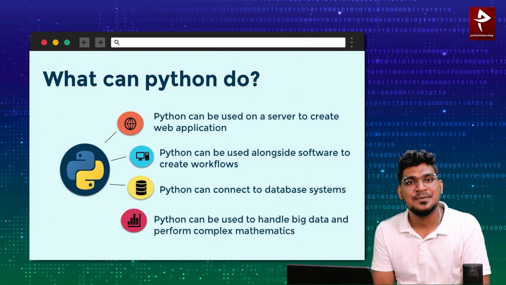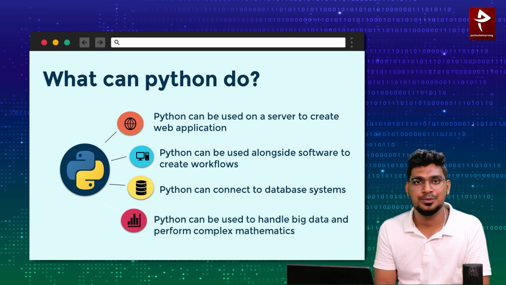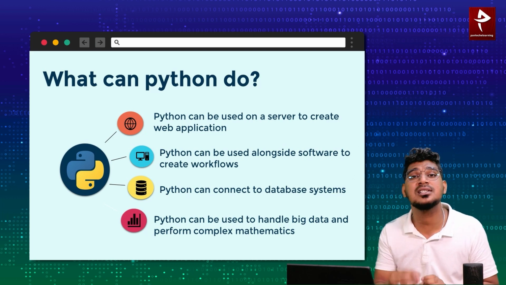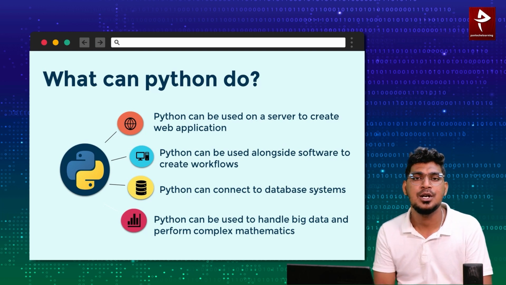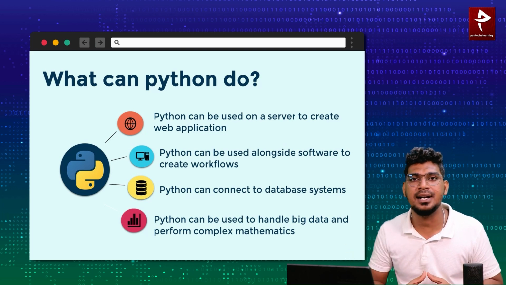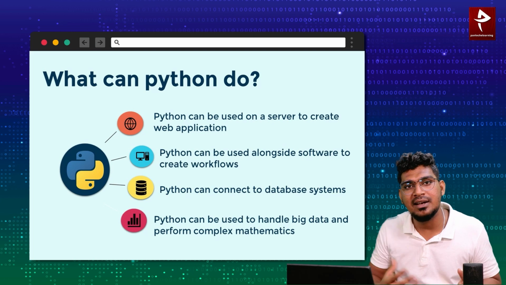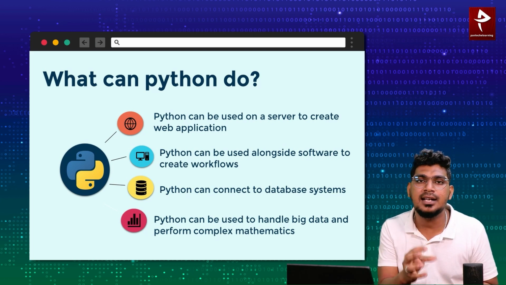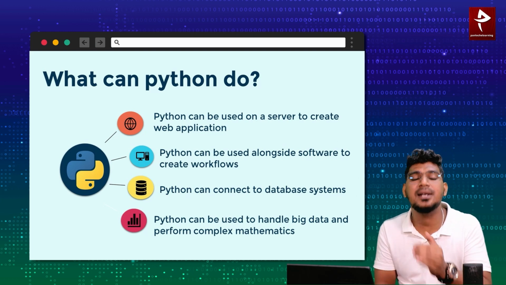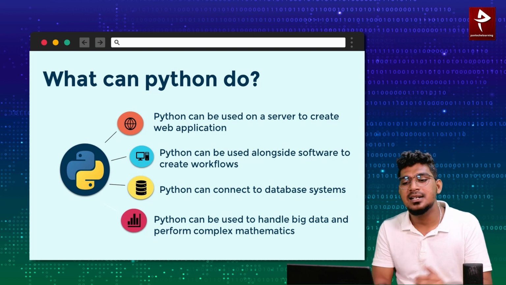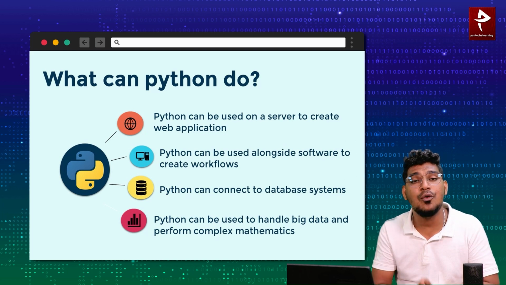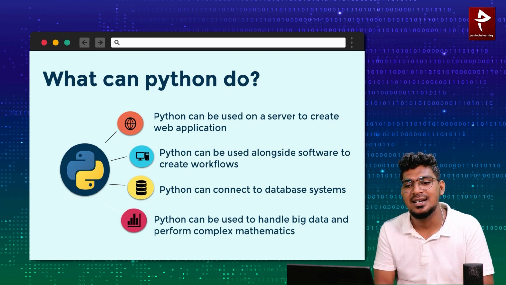So what about next? What can Python do? That is interesting, right? Python can be used on the server to create web applications. So if you are going to create a web application, this Python language will be helpful to connect with the server. And Python can be used for software creation, software development. Okay, right.